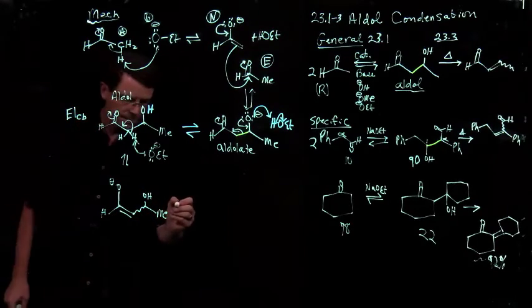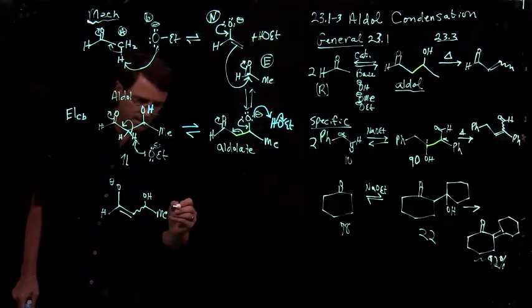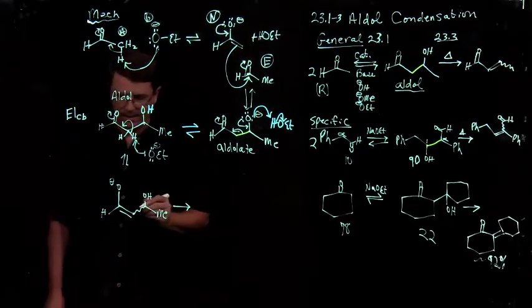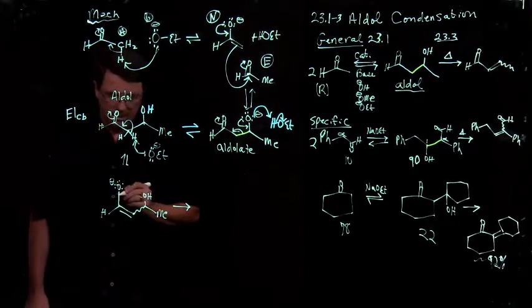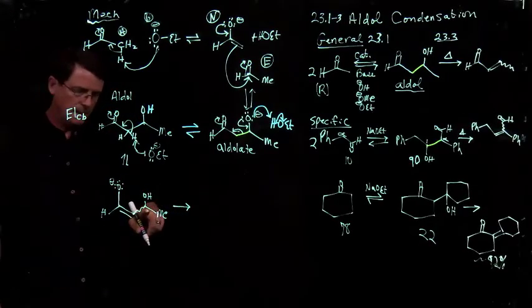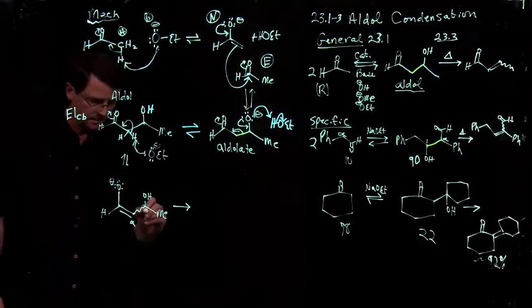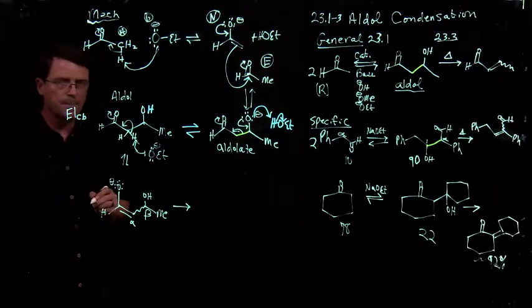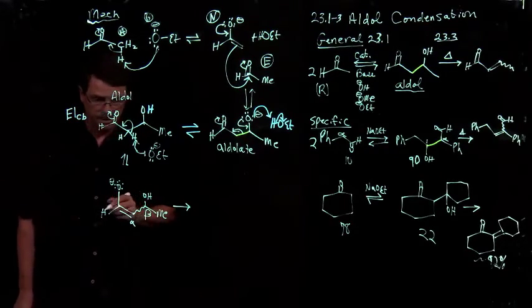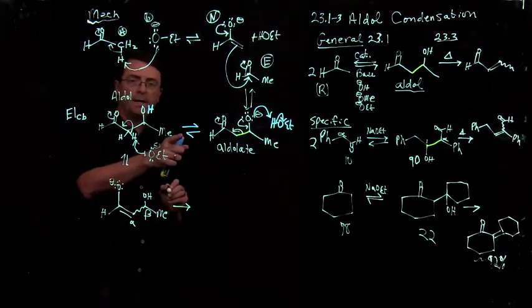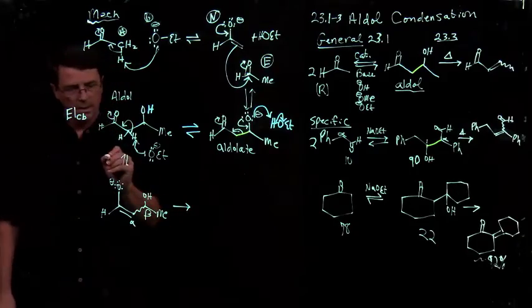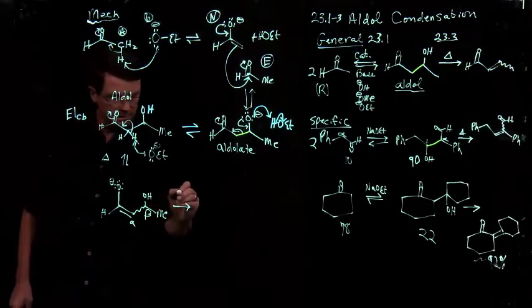And then here comes what is, in this case, an irreversible step. So we have our enolate, and it has alpha, beta. It has a beta leaving group, the hydroxide. Remember, we're under strongly basic conditions. The way that we get this to go forward is with a little heat.